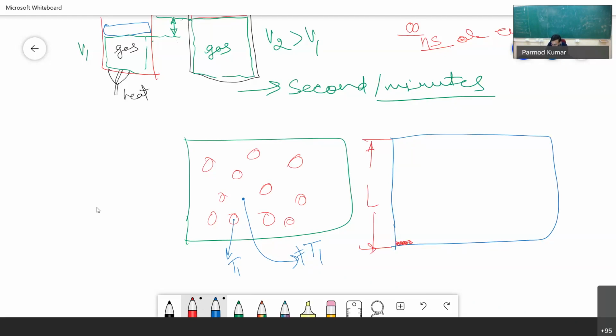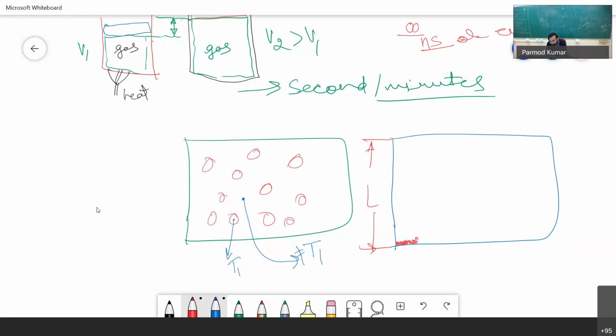So because of the large number of molecules, everywhere in our domain we will find almost the occurrence of a molecule. Because of that, whatever overall property of the system we get is nothing but averaged over the individual molecular activities. So that's why we call that a bulk property.